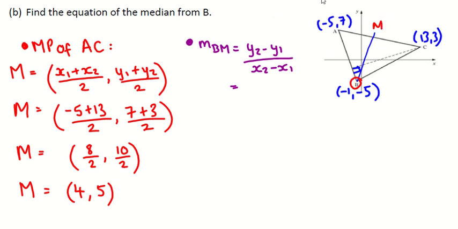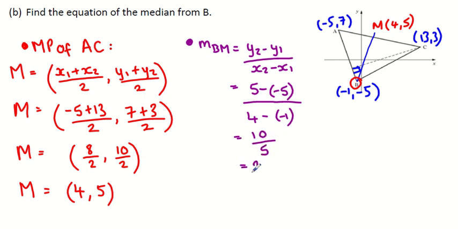My M was 4, 5. So y coordinates 5 subtract -5, 4 subtract -1. Giving me 2.